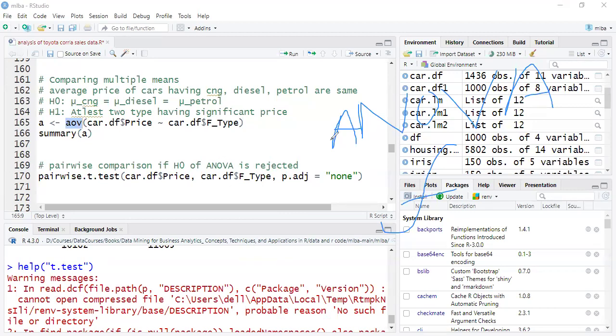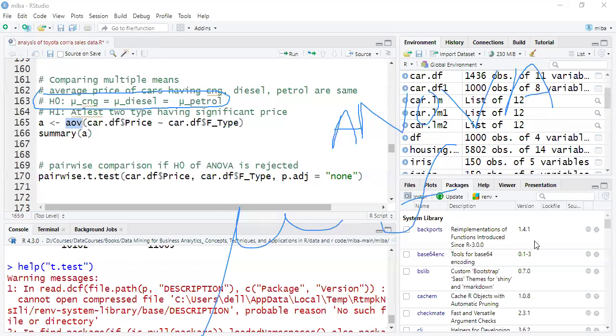So what is the null hypothesis? The null hypothesis is written here. Average price, mu, where mu is the population mean. The average price of CNG car is the same as the average price of diesel car, which is the same as the average price of petrol car. Whether the average price of these three types of car is the same or not. This is your null hypothesis in ANOVA.